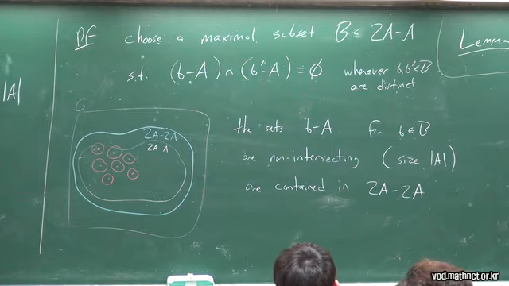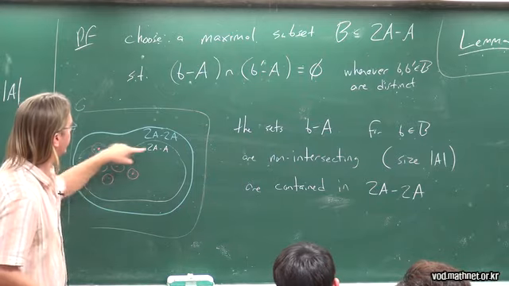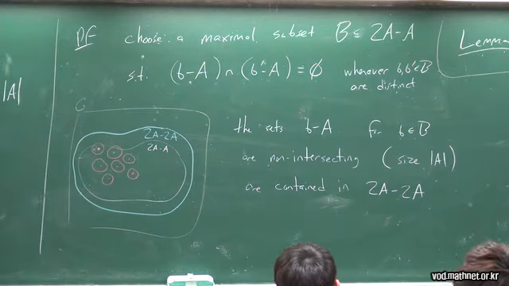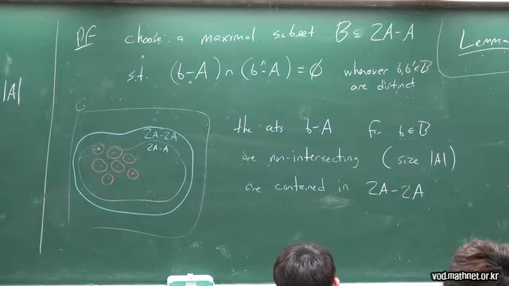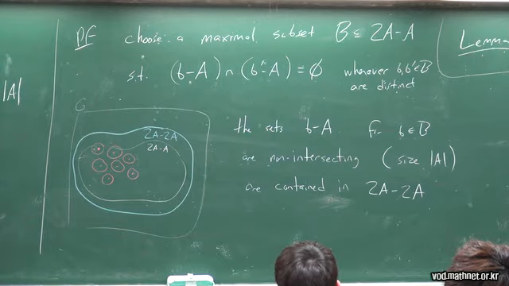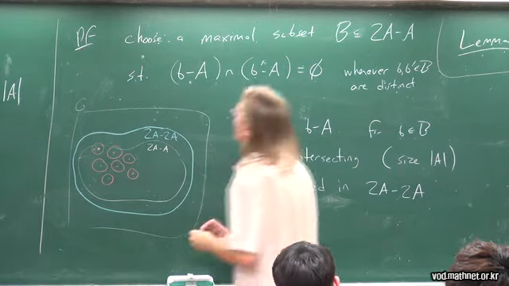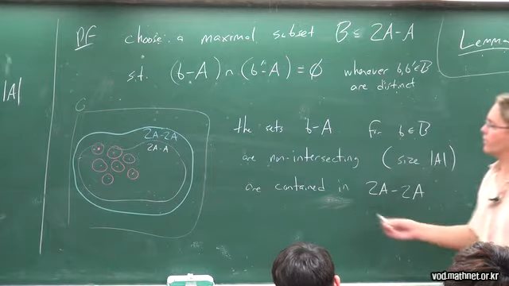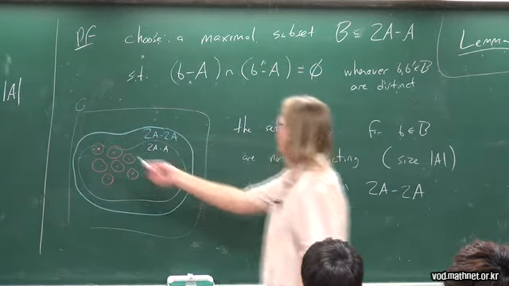You might be worried that this set doesn't actually contain this one, but I can assume without any significant loss that A contains 0. If the set A didn't contain 0, you could shift it so that it contains 0, and at worst I'd have to give up slightly on this constant. So for my purposes, let me just assume that A contains 0, so you do have this containment.